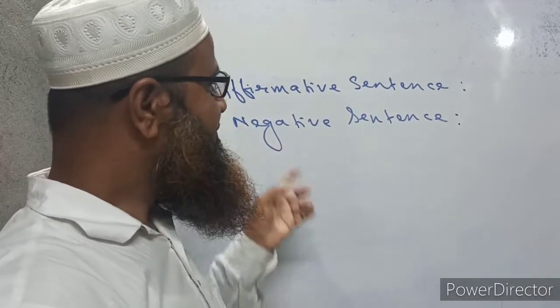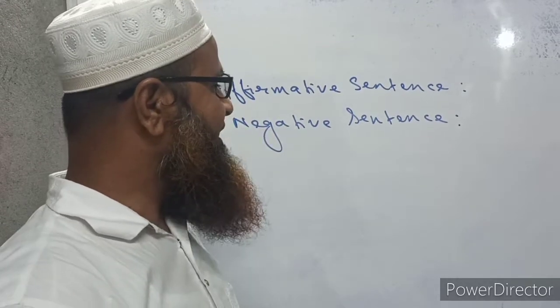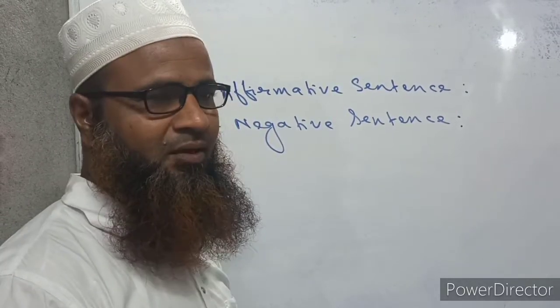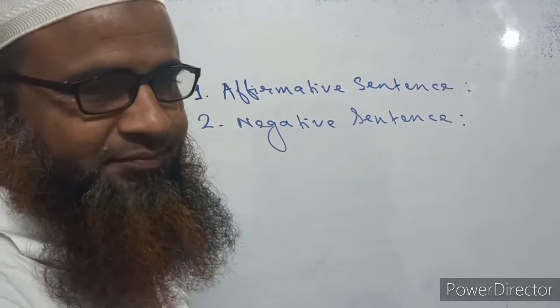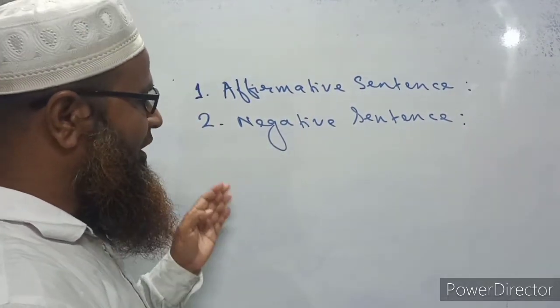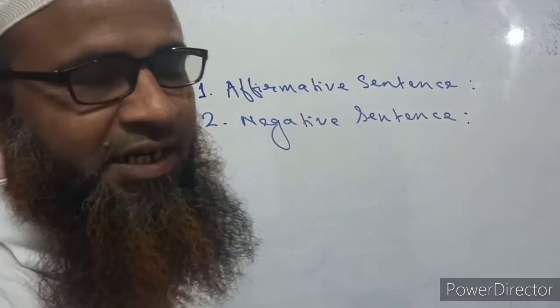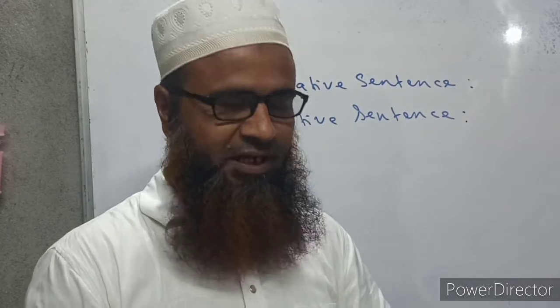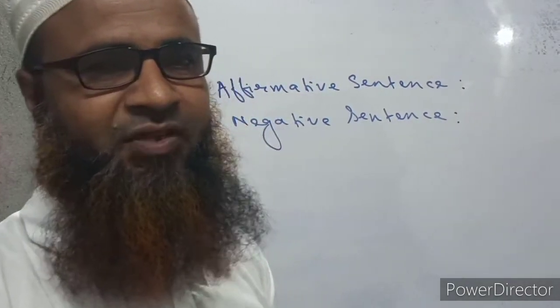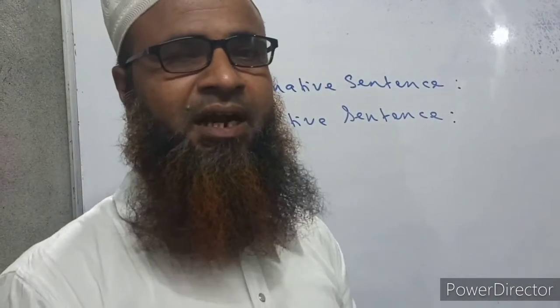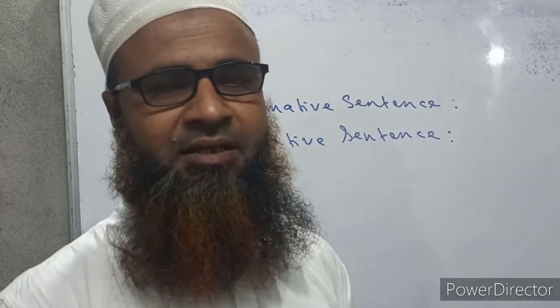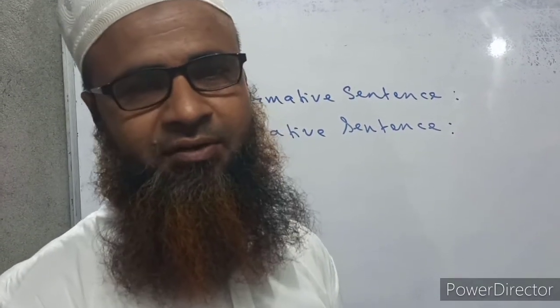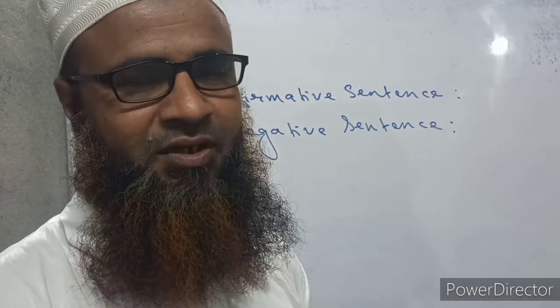So we can change one affirmative sentence into negative with the help of auxiliary verb. All of us know that there are 24 auxiliary verbs or anomalous finites or helping verbs. So when an auxiliary verb is present in an affirmative sentence, then we turn it into negative by placing not with the auxiliary verb only. So there are 24 auxiliaries.